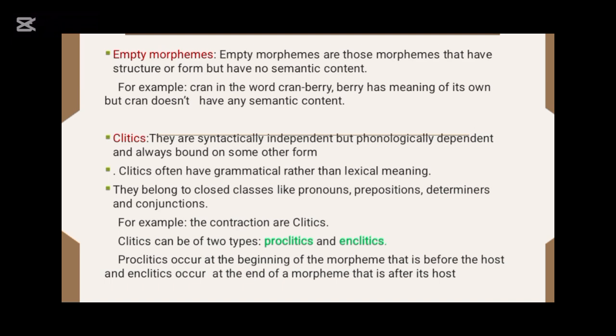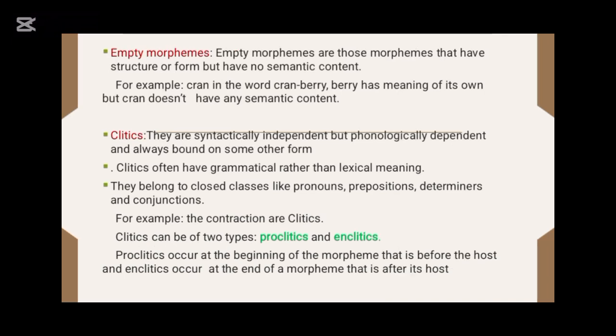Another type is clitics. Clitic morphemes are those which are syntactically independent but phonologically dependent on the neighboring word. And these morphemes have grammatical rather than lexical meaning. Clitic morphemes belong to closed classes such as pronouns, prepositions, determiners, and conjunctions.